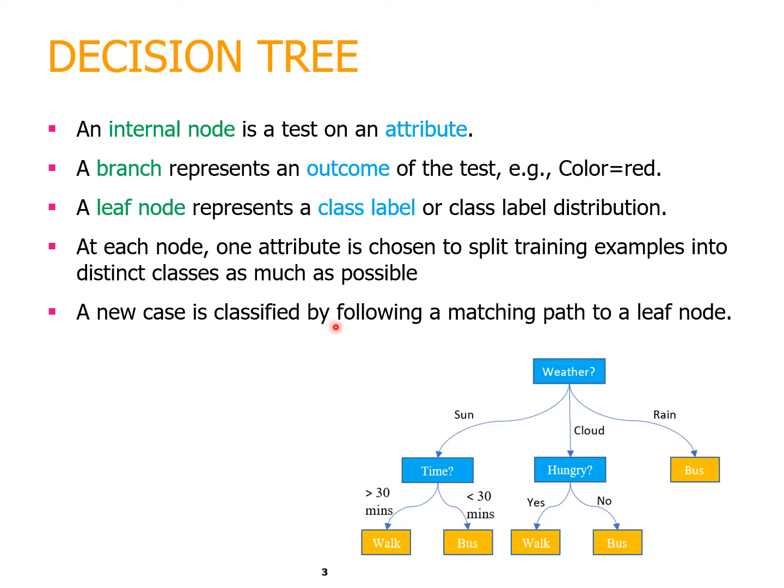You first check the value of weather. Let's say the weather value is cloud, you come here, and then next you check the value of hungry. If the hungry value is yes, you come here and the answer is walk. So you take a walk instead of the bus. That's how it works.